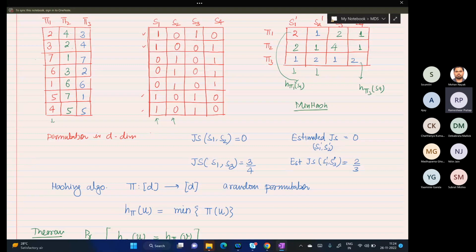So this is what we have written in this algorithm, right? What is the chance that if we take another random permutation, the MinHash values of S1 and S2 will be the same? Is there any chance or not?